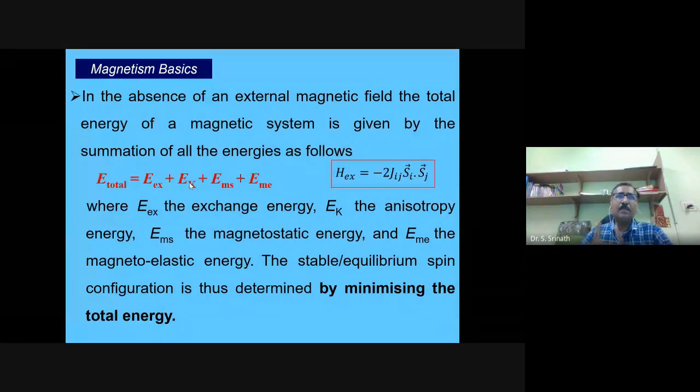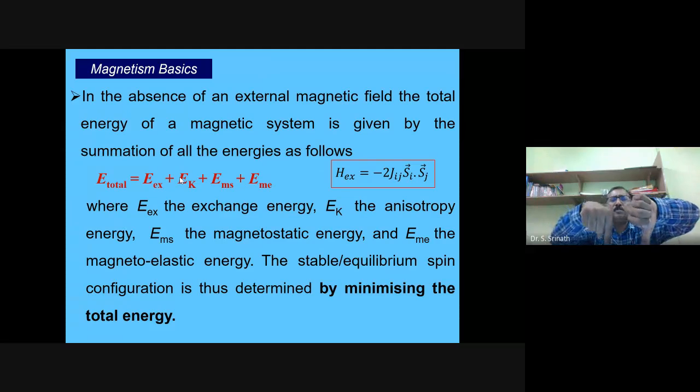So if the spins are parallel, not only parallel to each other but also parallel to the c-axis, then that will take care of these two terms, minimizing the total energy. So that is preferred. When I say c-axis, it is not unidirectional. This is uniaxial. That means along c and opposite to c also, as long as the spins are pointing along the c direction, but mind you that all the spins either have to be parallel in this direction or in this direction.